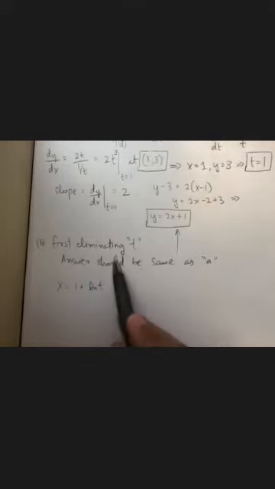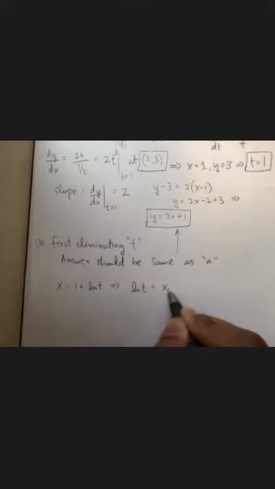So this should be the answer, but by a different method. So first eliminating t. So let's write here what x and y are. So we have to eliminate t.